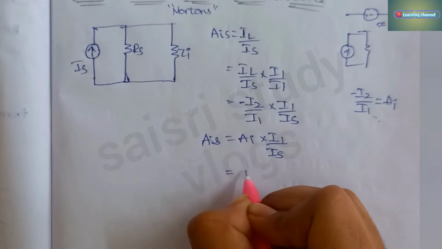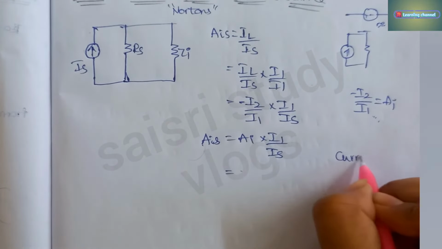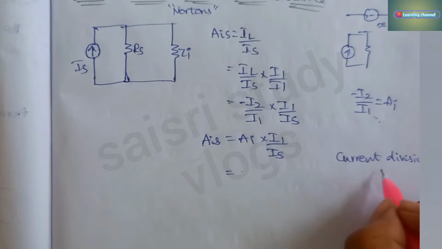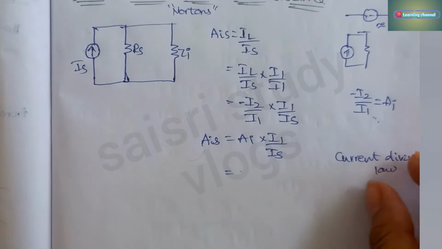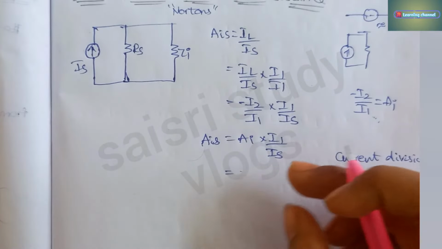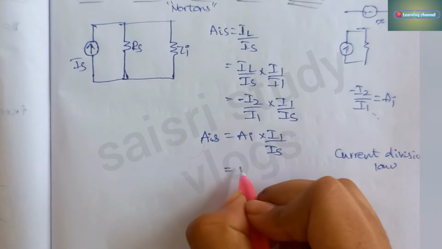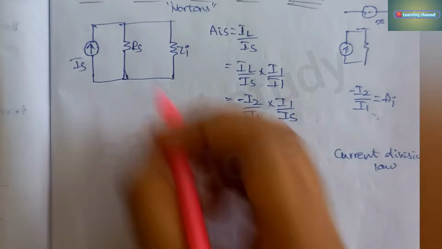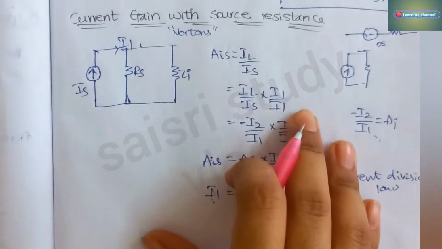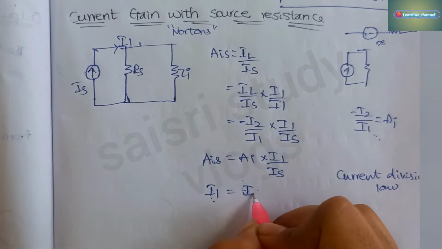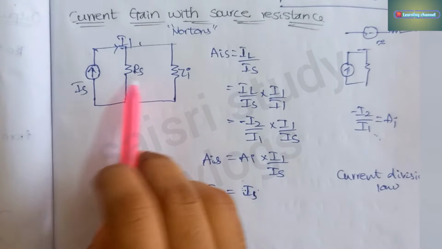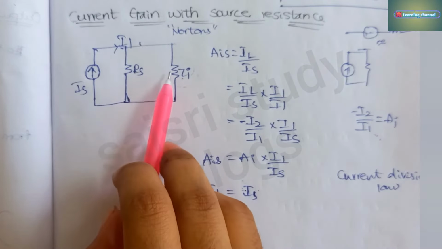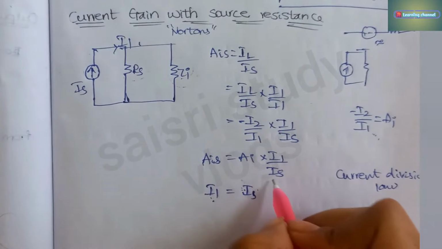So here we have to apply the current division law. I have also made a video on current division law, on how to write that equation. I will drop that link also in the description box and pin it in the comment box. So for I1 I am writing the current division law. Here we are finding I1 at Zi, among Rs and Zi.